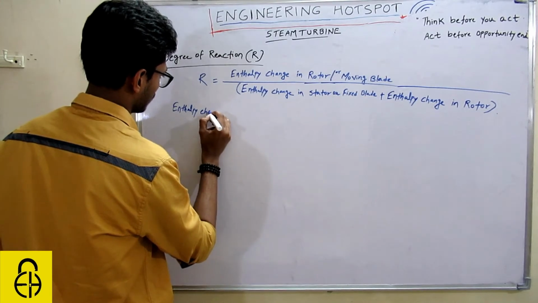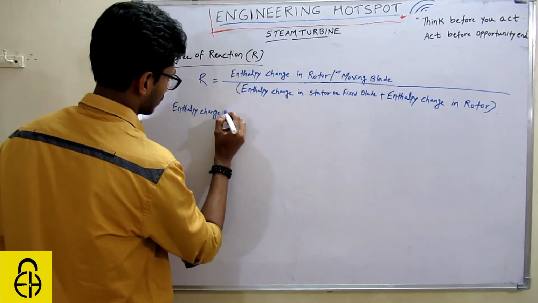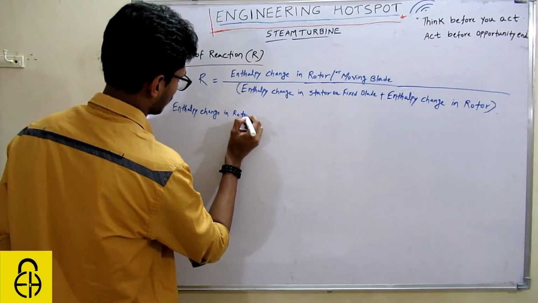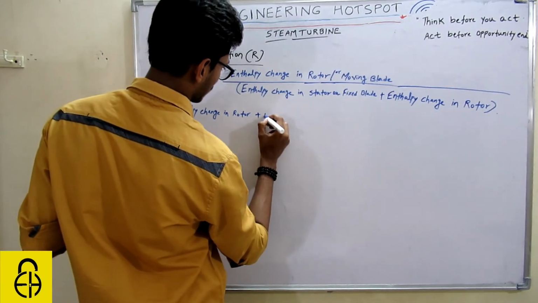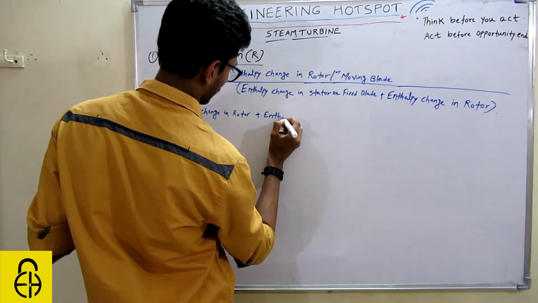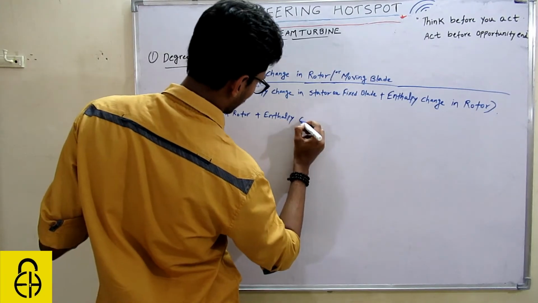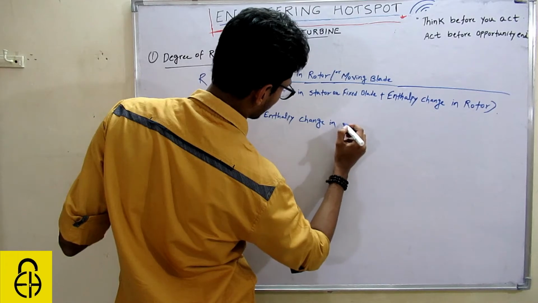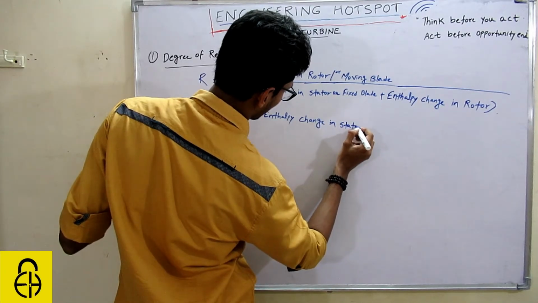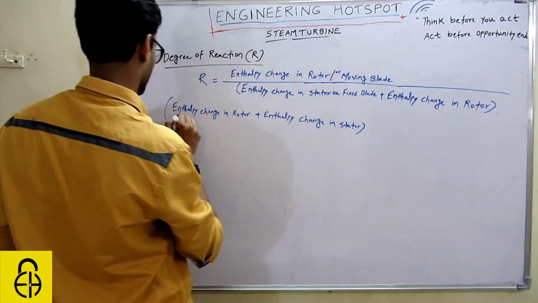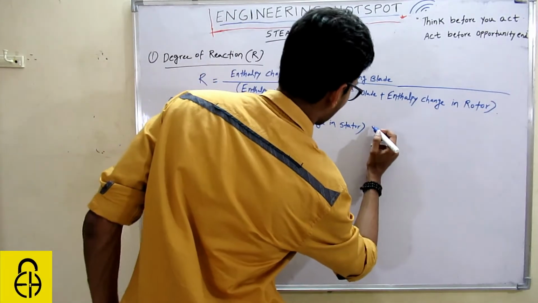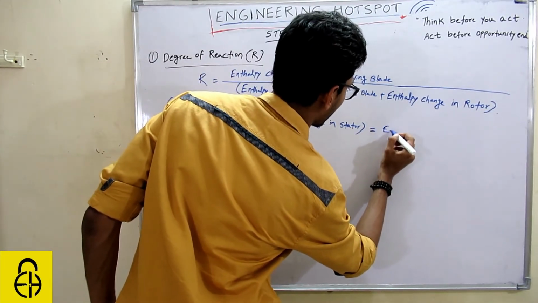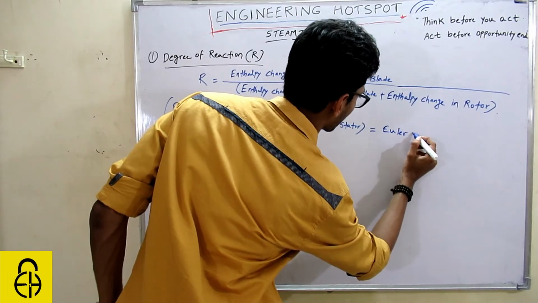The enthalpy change in rotor plus enthalpy change in stator together is given by the Euler work. This will be equal to the Euler work.